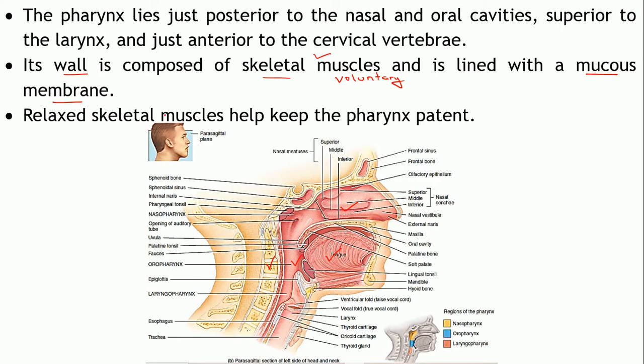These skeletal muscles remain relaxed, and because of this it keeps the pharynx patent. Now what is the meaning of patent? Patent means open. So as you can see, it doesn't collapse. Because the skeletal muscles located in the walls of this pharynx remain relaxed, they keep this pharynx patent, that is, they prevent it from collapsing.